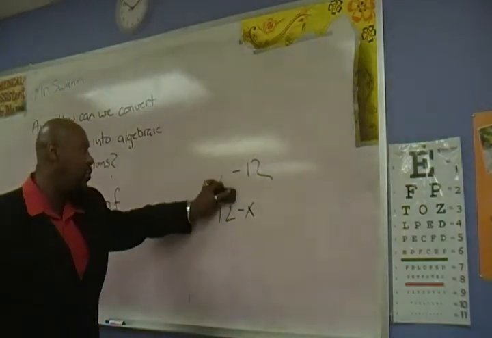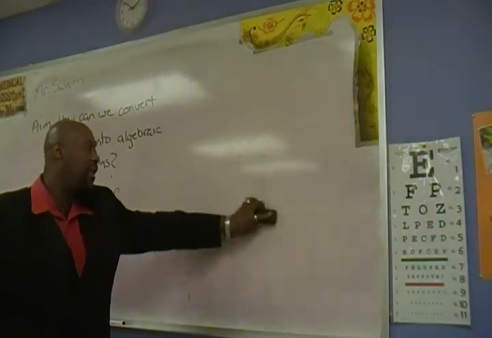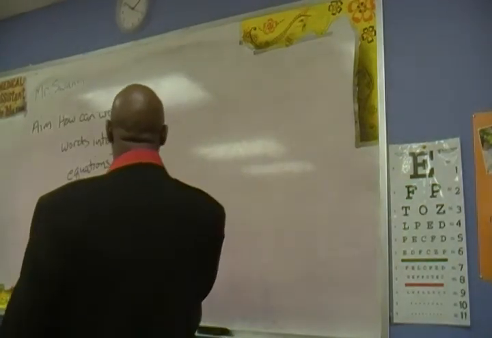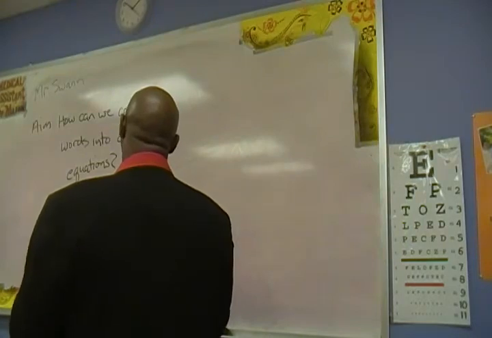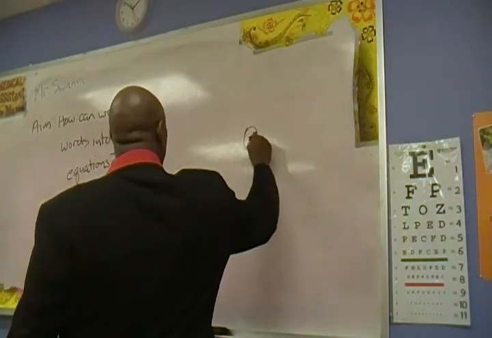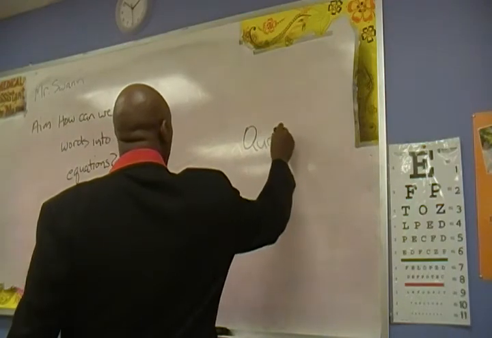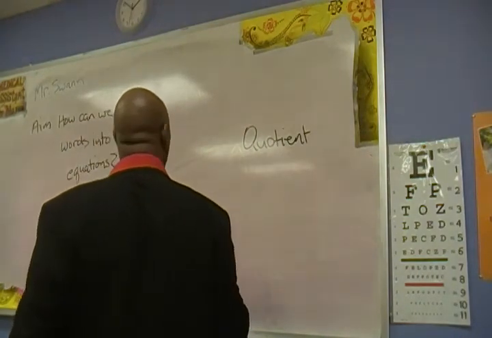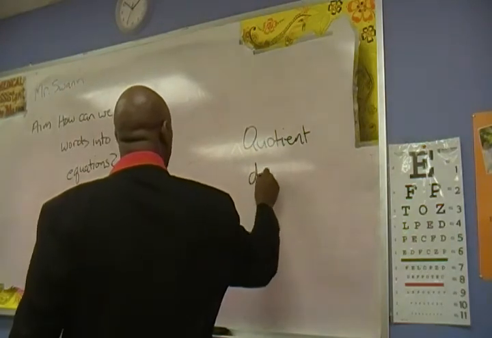I just want to give you a few different keys, and then we're gonna keep it moving. A few things. I want to tell you quotient. I want to tell you difference.